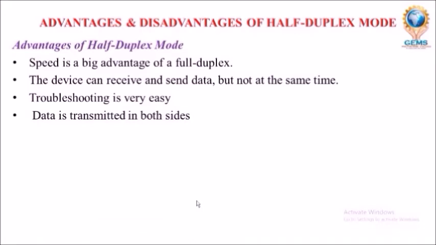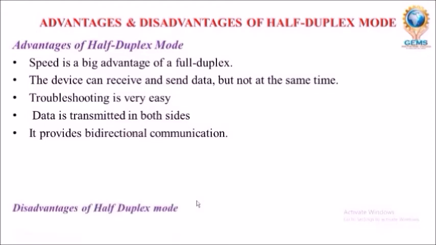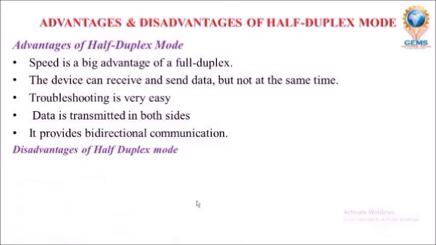As I have already told you, data is transmitted in both directions, but not at a time, right? The same passage will be used for data communication from one place to another and vice versa, but at two different times. That means the communication medium is bidirectional, but not at a time.